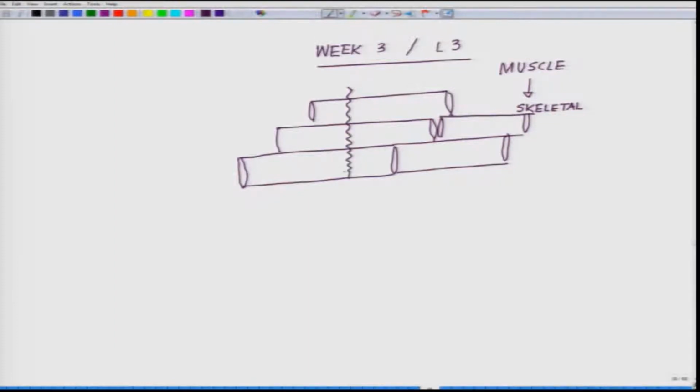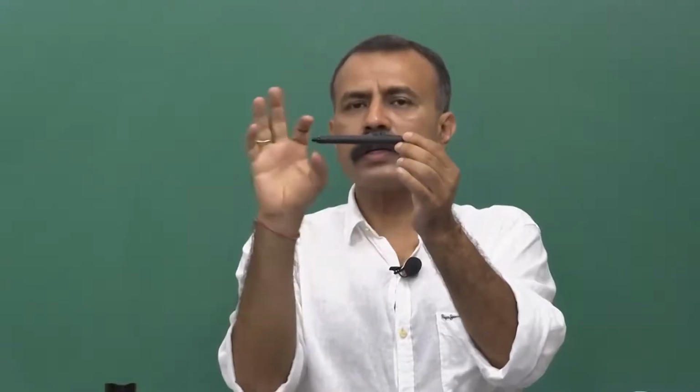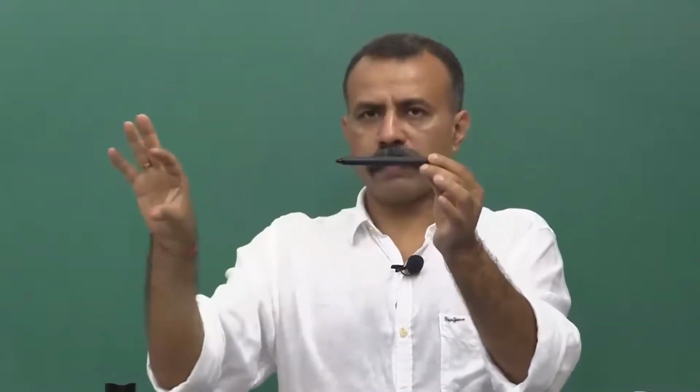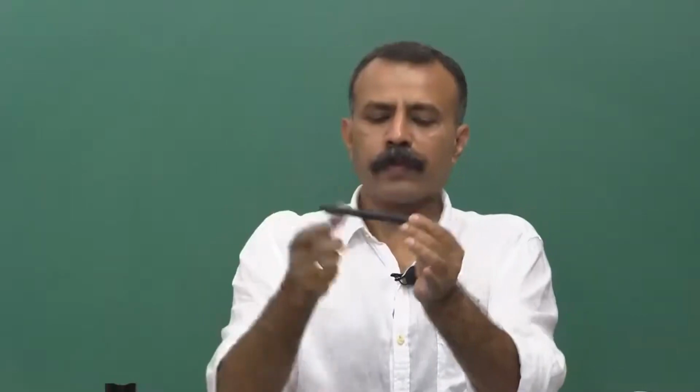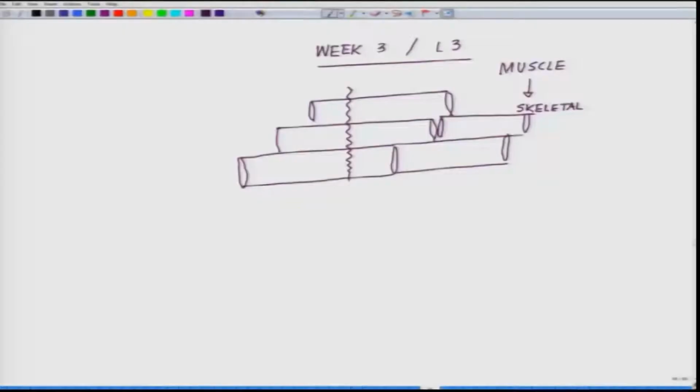So, this is this pen which I am holding here. If you consider this as a muscle, you cut it like this. So, this is where you are giving the cut. If you give a cut like this, what kind of structure will emerge?